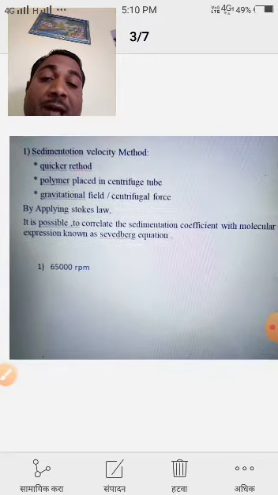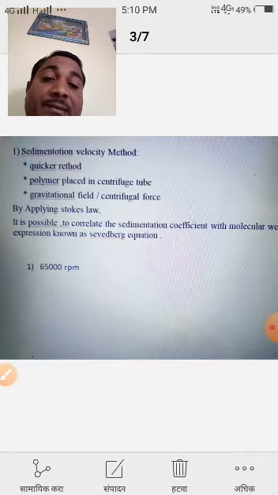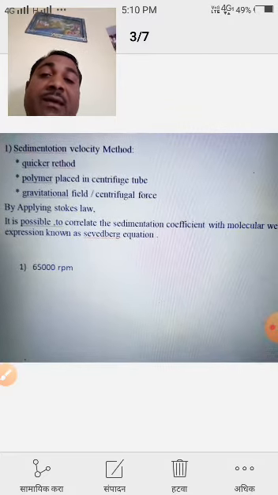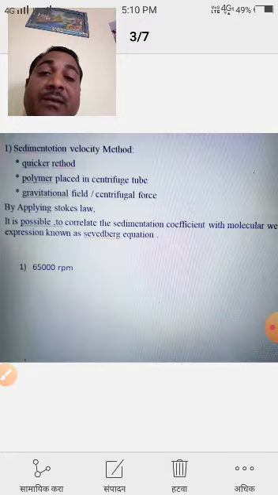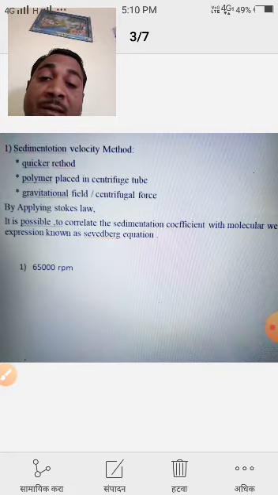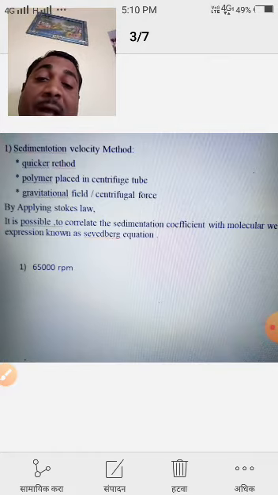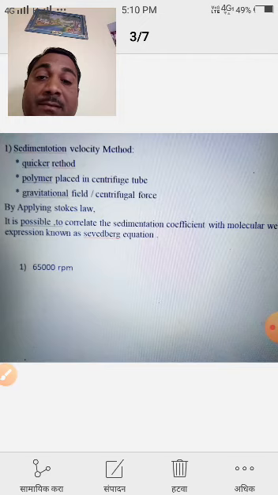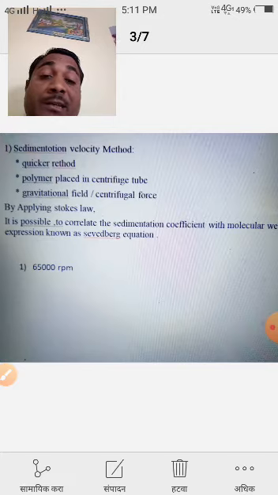By applying Stokes law, it is possible to correlate the sedimentation coefficient with the molecular weight, an expression known as the Svedberg equation. The centrifuge tube is rotated at 65,000 rpm, that means rotations per minute.